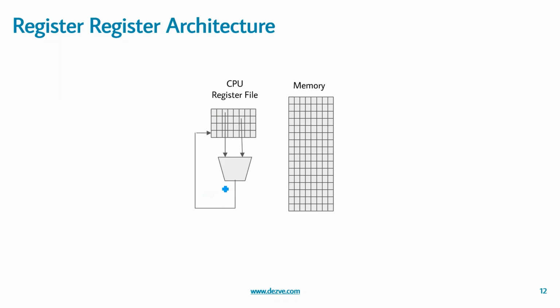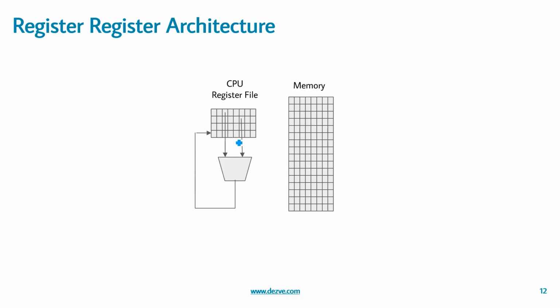Let us discuss register architecture. In this case, both the operands are assumed to be from the register file, and then the result of the operation is also stored in the register. In this nomenclature, all the registers we can read and write, like the two source operands can be from two different registers, and the result can be stored to a third register as well.